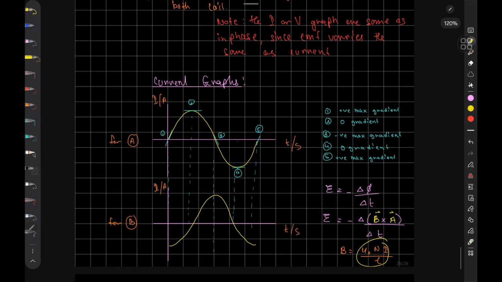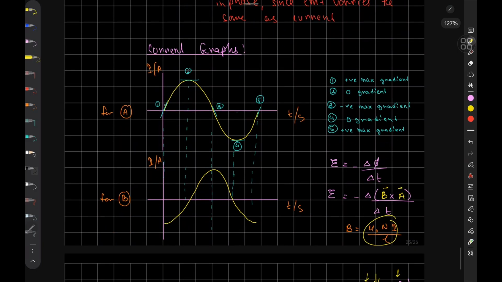So now let me show this to you, how we get the graph. Initially, for the primary coil, that is coil A, I have a maximum gradient, and that maximum gradient I take, and I take a negative of that gradient, and I plot it on the secondary coil graph, that is for the current. So this is going to be maximum, but on the negative axis.